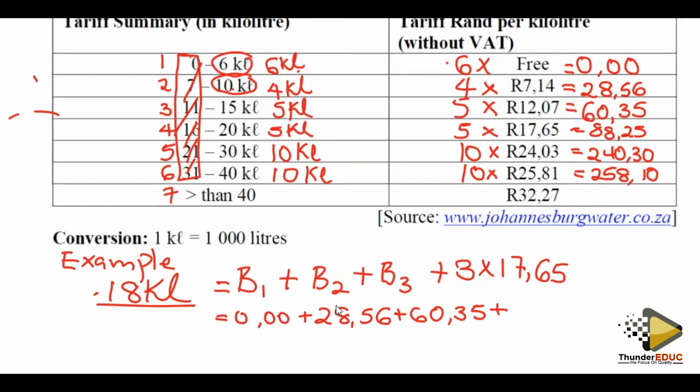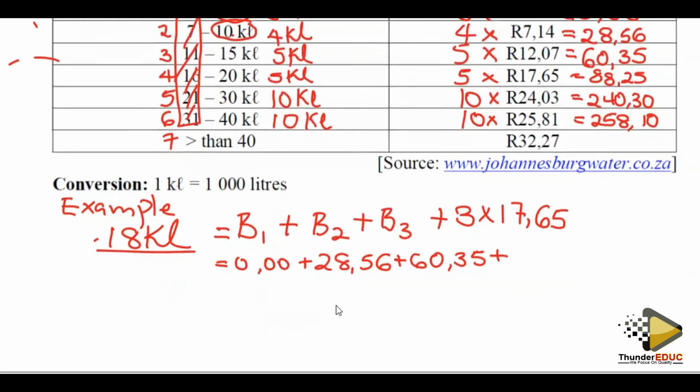So if you use all the kiloliters in that given bracket, you end up paying these other amounts that I've just given you, the ones on the right-hand side. All right. So here we have this other one, which is 3 times 17.65. So he's going to pay 52 rands 95 cents. So you add everything up.